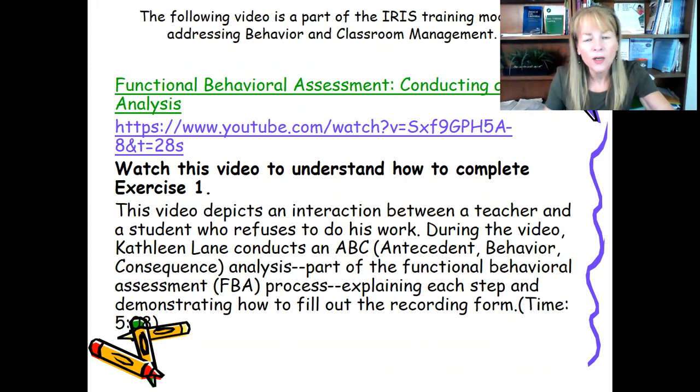The purpose of a functional behavior assessment is to see why the behavior occurs and try to meet the needs of the child to prevent maladaptive behaviors. Particularly for children who are nonverbal, their behaviors are their means and way of communicating with us to tell us what they want or need.